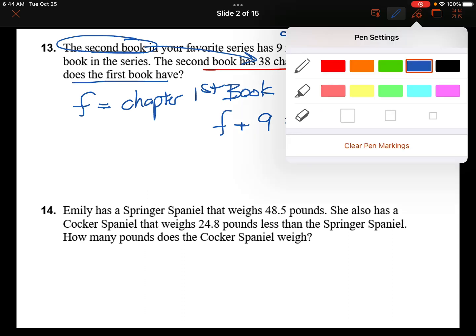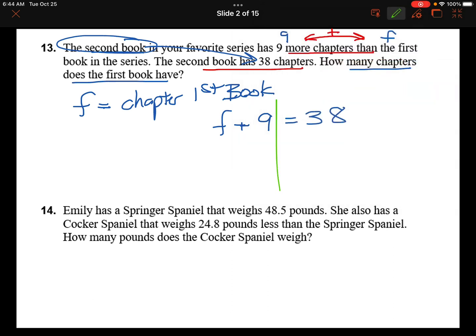Now we've written an equation that makes sense with how it's worded, where it said 9 more chapters than the first. Now we're going to use our inverse steps like we talked about yesterday and get rid of the addition. We're going to subtract, and that gives us 29 chapters in that first book.